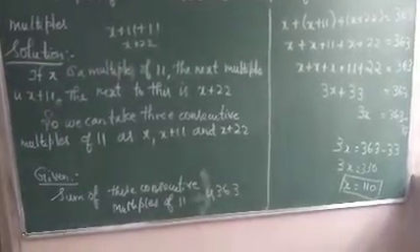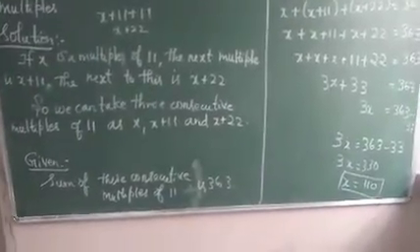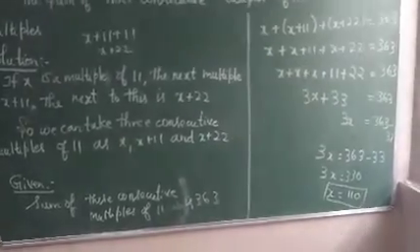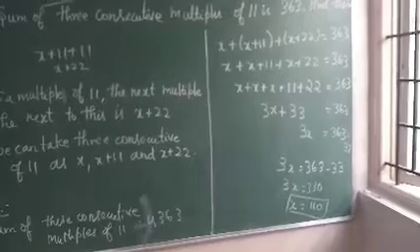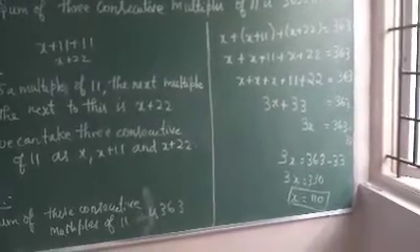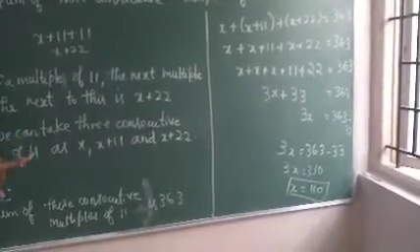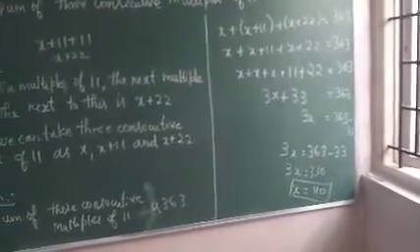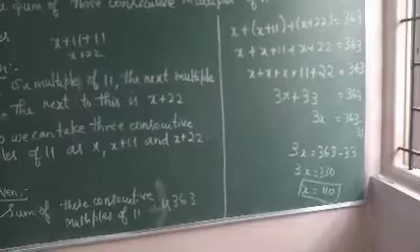So the three consecutive numbers என்னன்னு கன்சிடர் பண்ணிக்கிறோம்? x, x plus 11, x plus 22. அந்த மூணு நம்பர்ஸ் add பண்ணும்போது you will get 363. Now if you solve those, you will get the final value as 110. So x oda value 110 தெரிஞ்சிருச்சு. Now you have to find the next two multiples of 11.